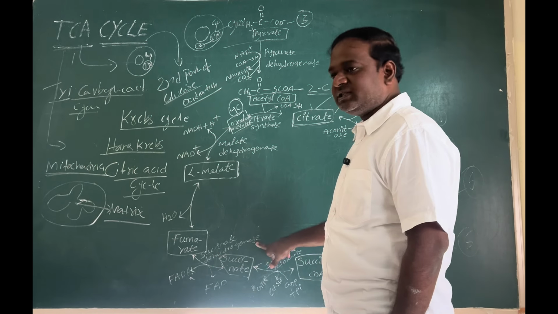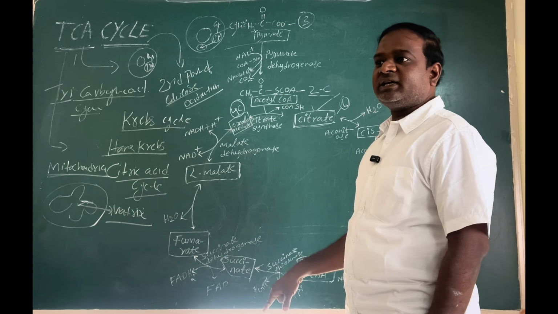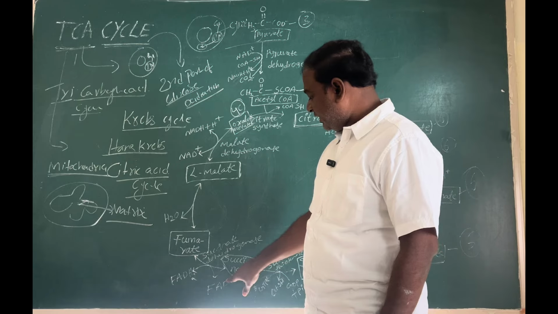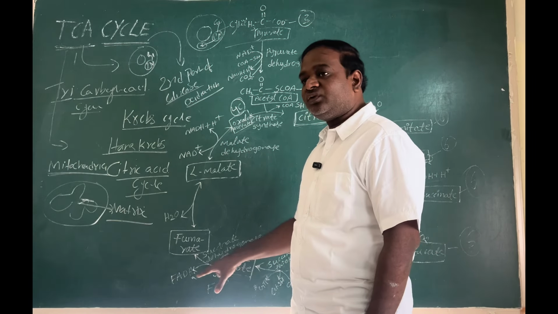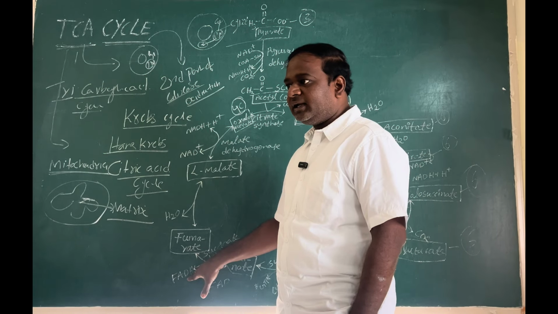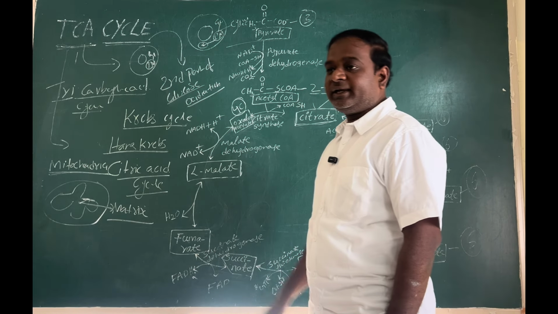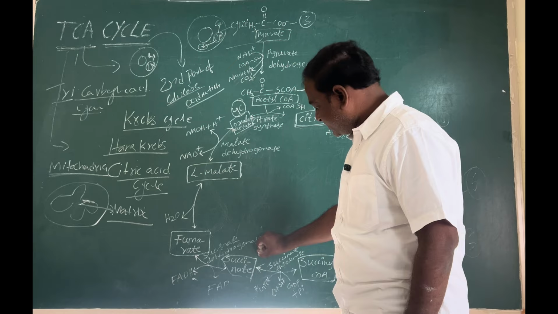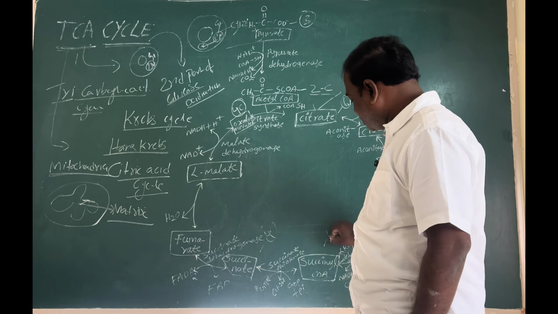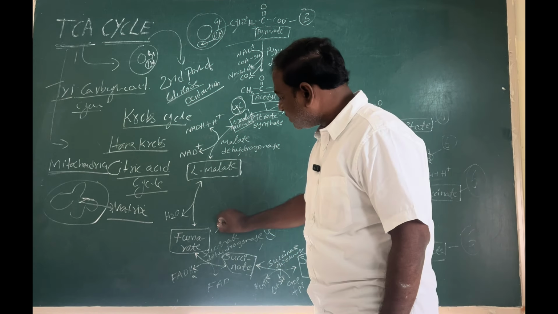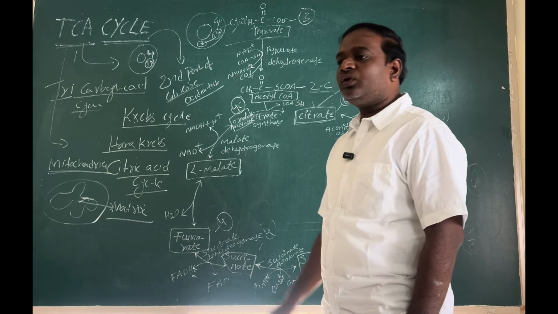And this succinate, in the presence of succinate dehydrogenase, again a dehydrogenase reaction takes place. That's why it takes 2 hydrogens from succinate to form FADH2 and fumarate. Here succinate is 4-carbon, succinyl CoA is 4-carbon, and fumarate is also a 4-carbon compound.